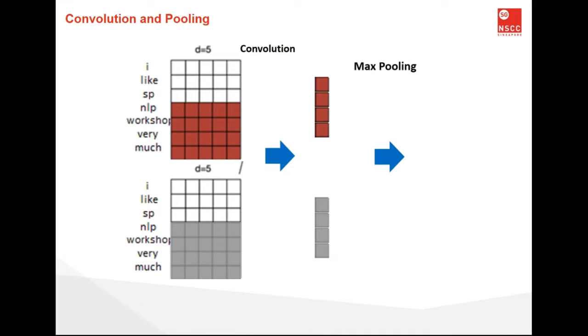Then we will apply the maximum pooling layer to extract the maximum value from each feature map, and simply concatenate the 2 values as the pooling layer output.